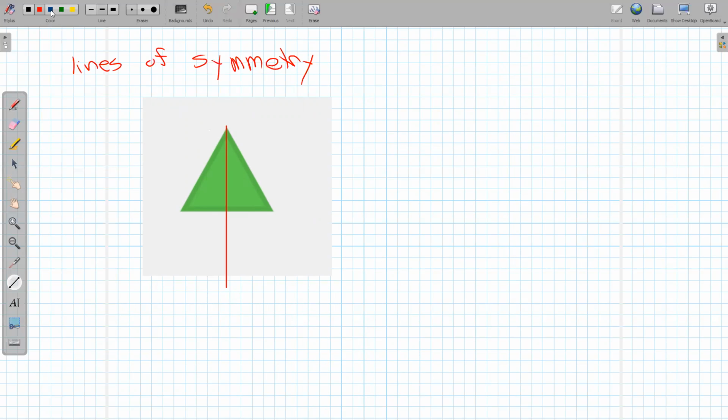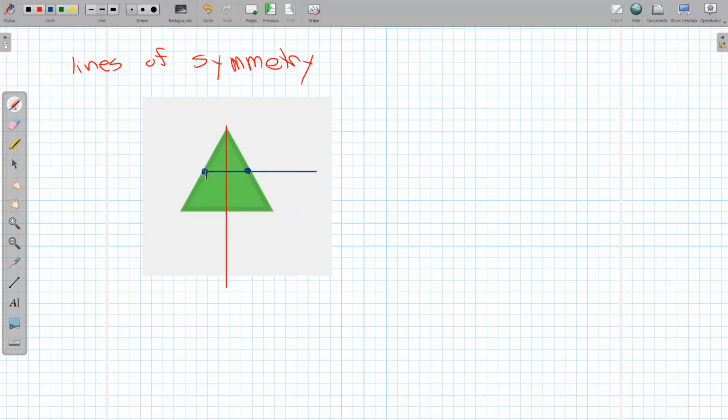And any point can be a test point to check if this is really a line of symmetry. So for example, I could pick, say, this point over here. And to find out if this is a line of symmetry, I would want to find its symmetric point perpendicular through there. So I'm just going to draw my best perpendicular line there. And this is what I think the symmetric point should be.